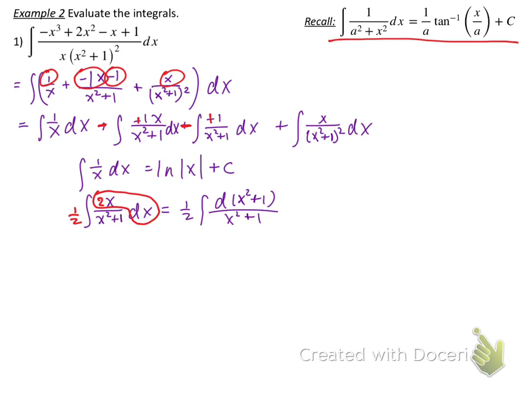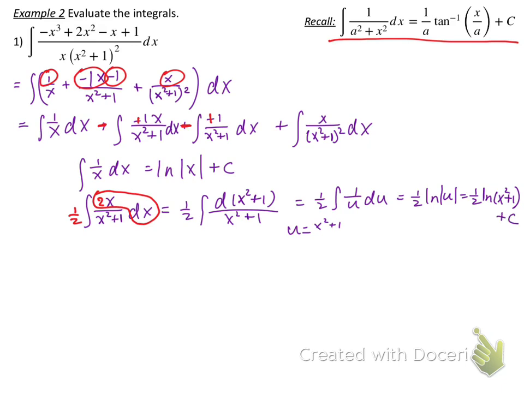If u equals x squared plus 1, this will be 1/2 the integral of 1 over u du, and this is 1/2 log of the absolute value of u. Well, u is x squared plus 1, which is positive anyway, so we just have 1/2 log x squared plus 1, plus c.